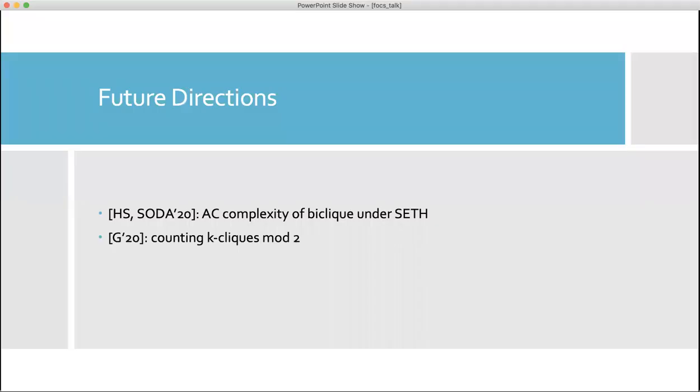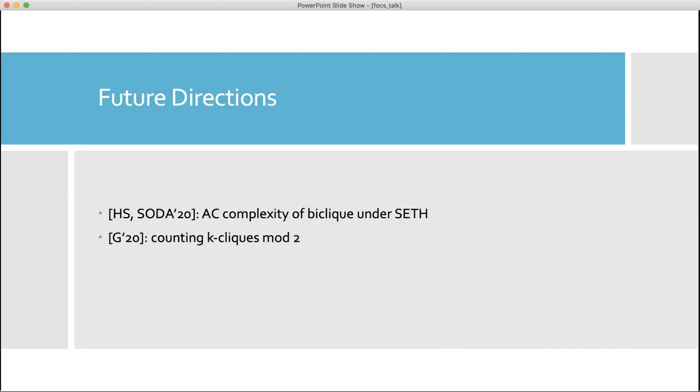Okay, so there are many directions for fine-grained average case complexity, and to show you the potential of this field, from BBB's paper in last year's FOCS to today, there have been three independent works building on it. One was our paper, one was the recent SODA paper of Hirahara and Shimizu that showed results for average case complexity of biclique under SETH.